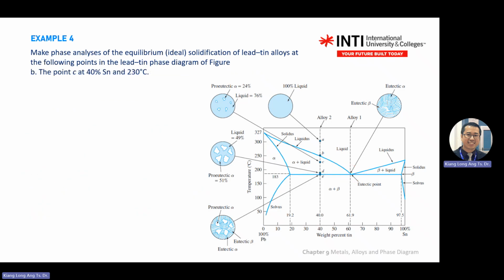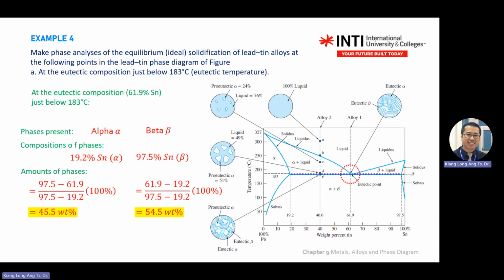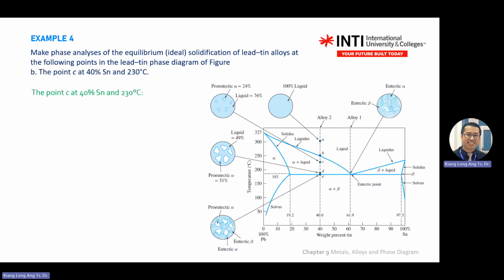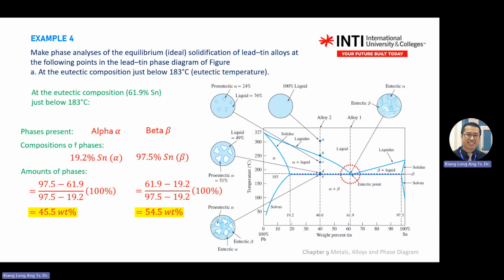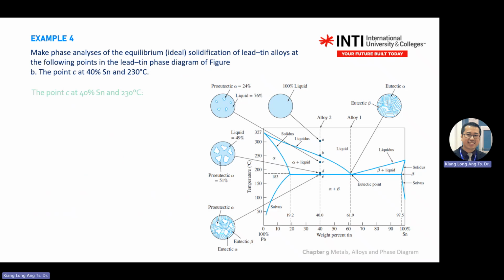Again, you copy this green line and you see what happens. So point C is here, at 40% Sn, 230 degrees C. Phases present is what? Phases present will be liquid and alpha.